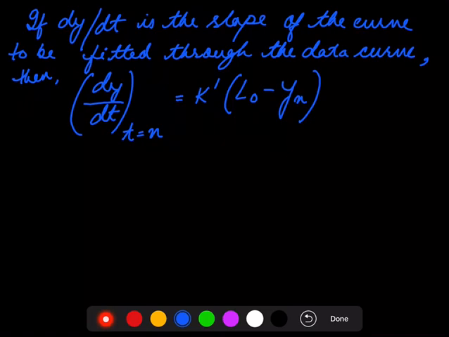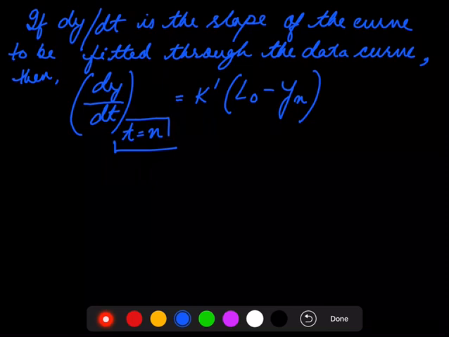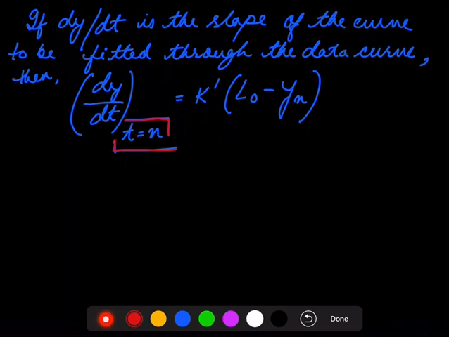What is n? T is the duration, the time interval, time in days. What is n? Number of data points, n equal to number of data points.